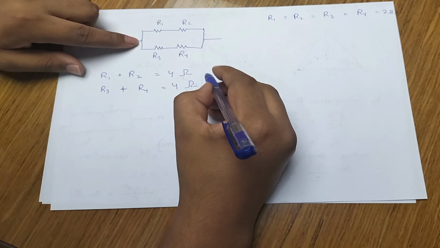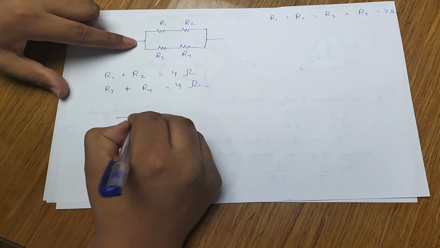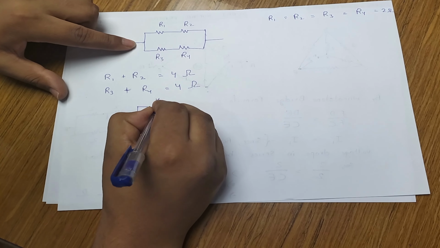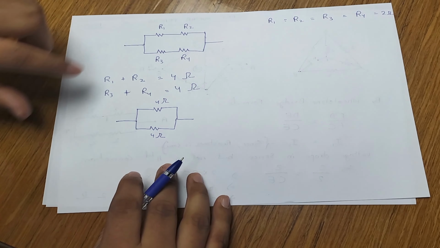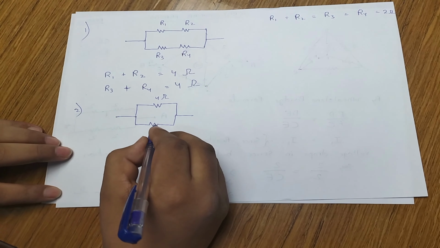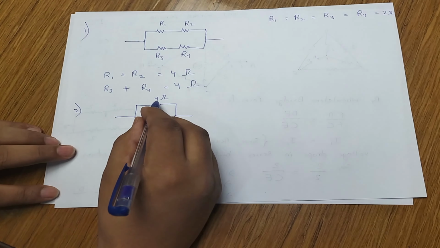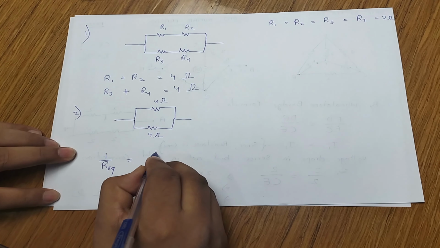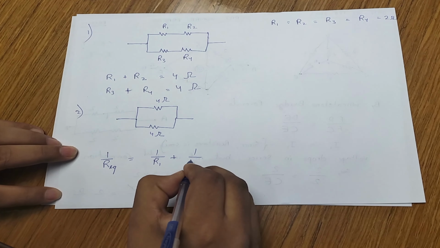Now I got the value as 4 ohm, 4 ohm. This is my first condition, this is my second condition. Now I need to solve this also. Since the resistances are in parallel, R equivalent will be 1 by R1 plus 1 by R2.